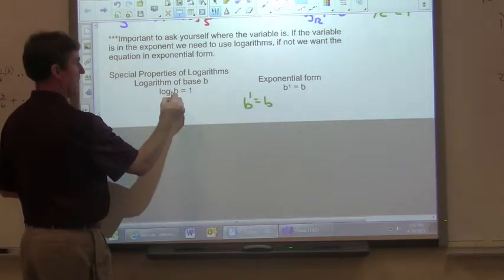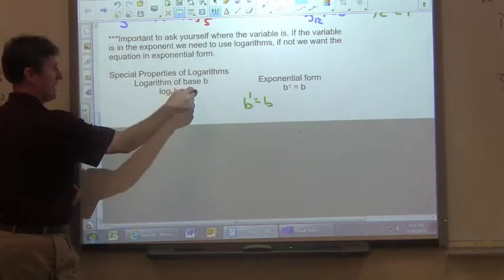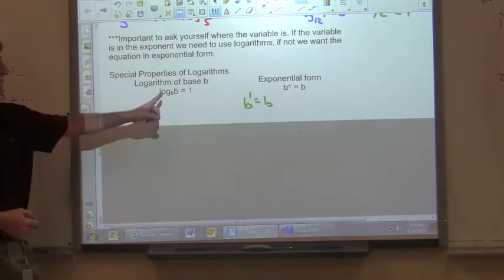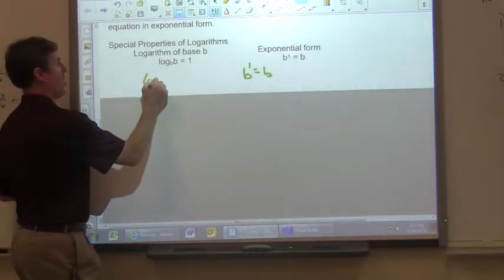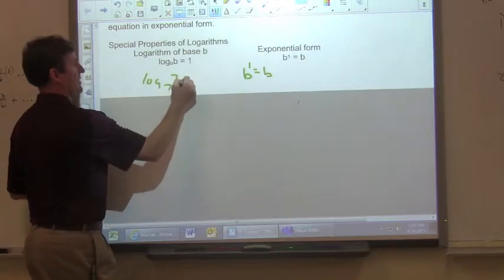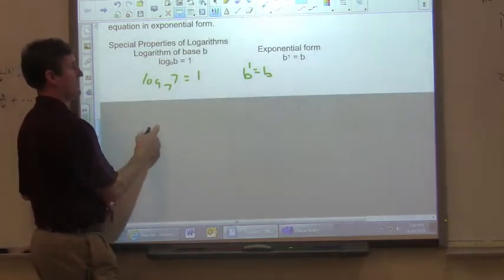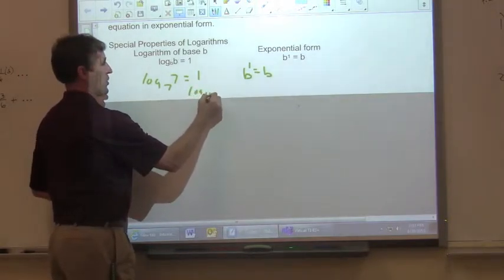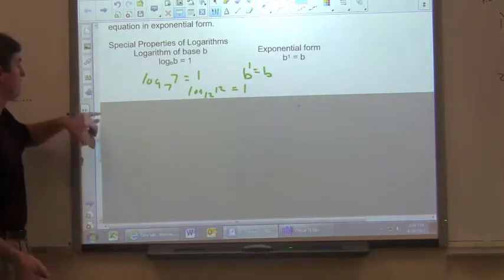But if these are the same, then it's always going to equal 1, if this base and this number are the same. So if I have log base 7 of 7, I know that that's equal to 1. Or if I have log base 12 of 12, I know the answer to that will always be 1.